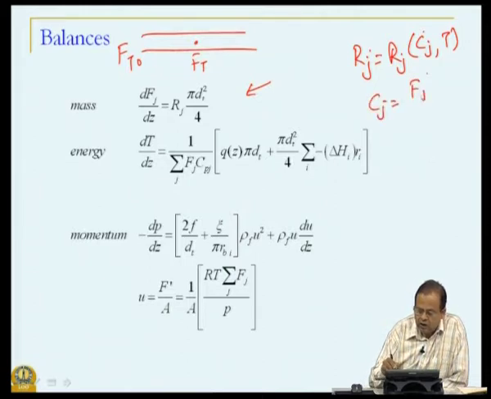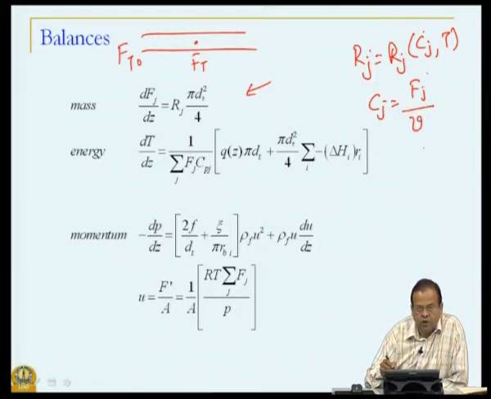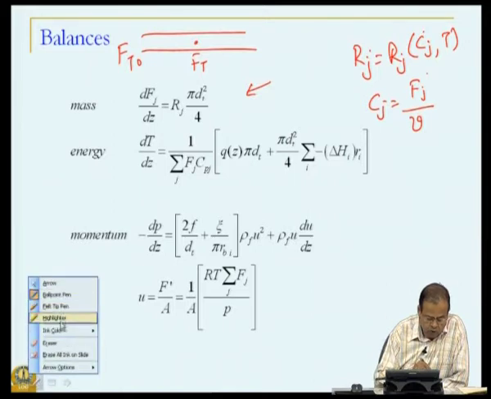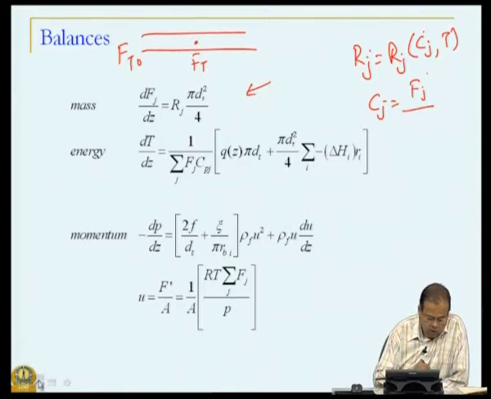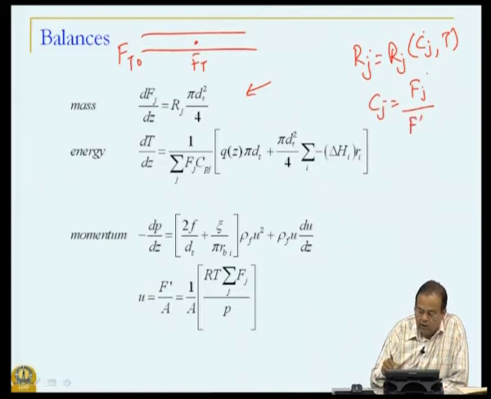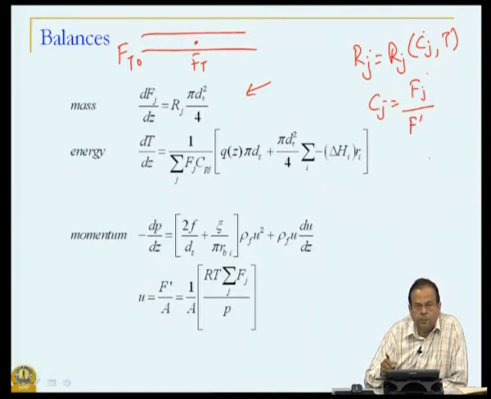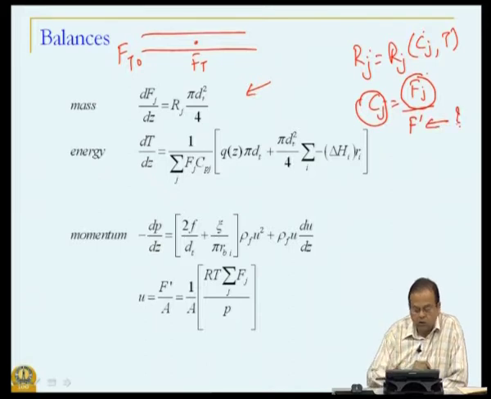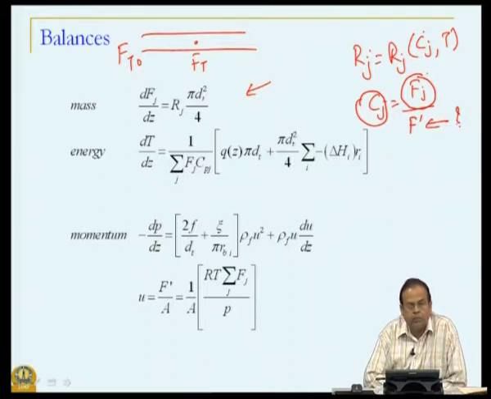Concentration is Fj divided by the volumetric flow rate, or F prime. I have used the symbol F prime, so let us stick with that. So, this is nothing but Fj by F prime, concentration. So, we have mass balance equations in terms of Fj, we have rate which is in terms of concentration. So, we have to figure out what this F prime is.